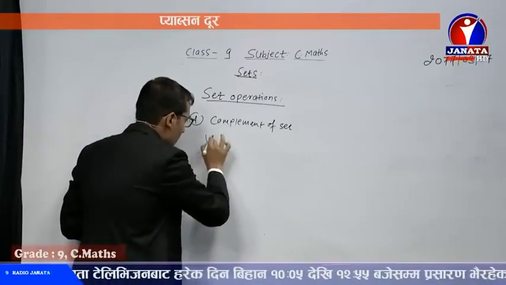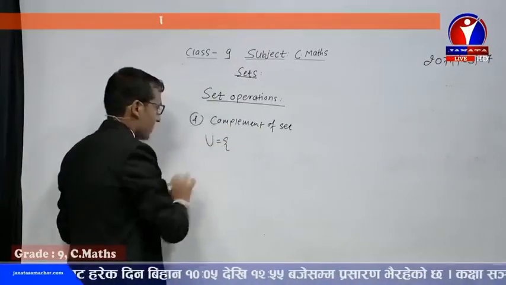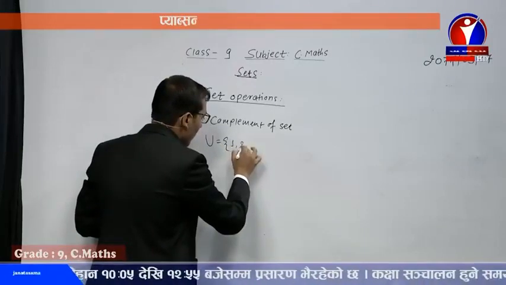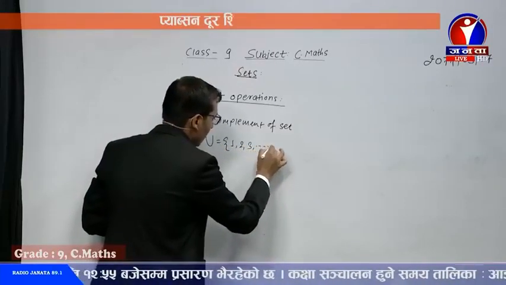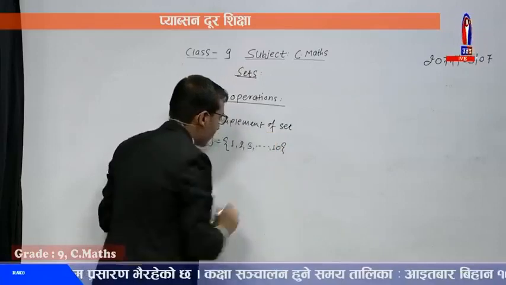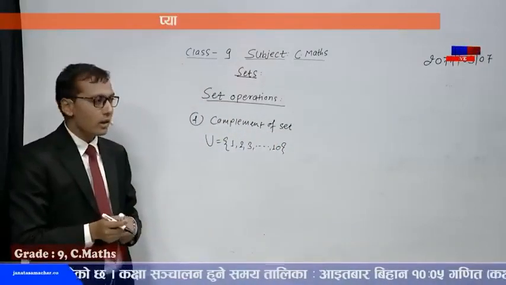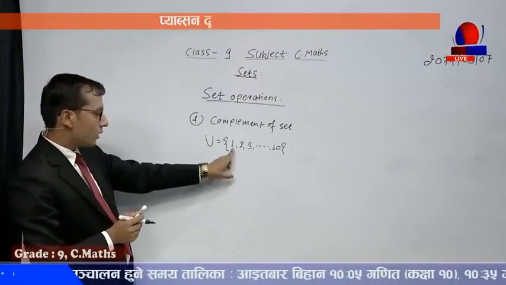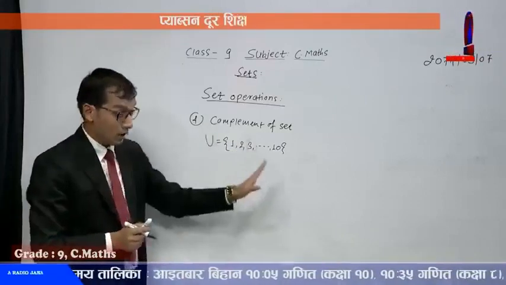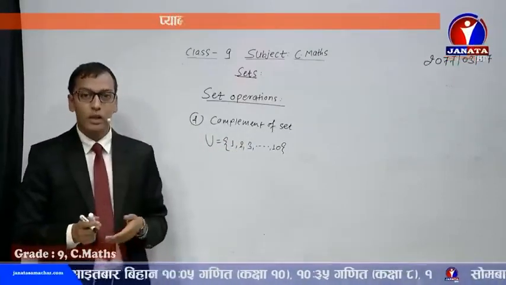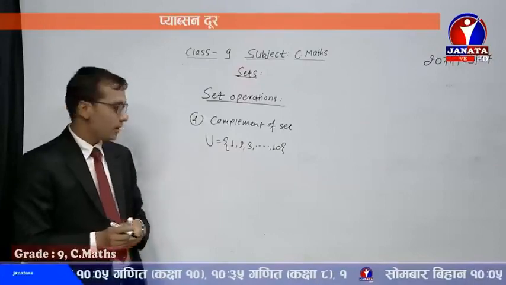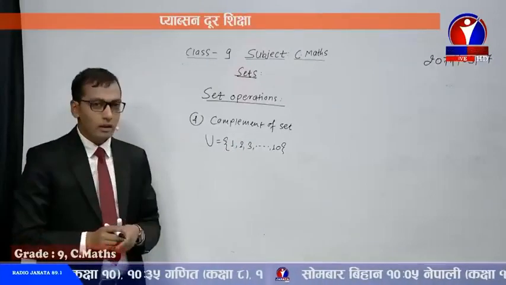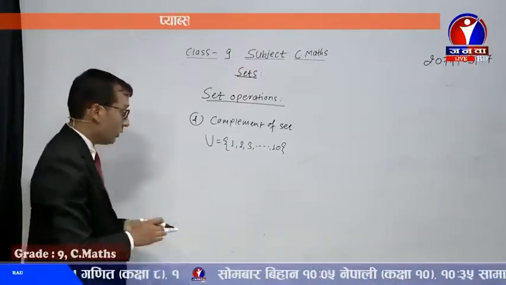If U is universal set whose elements are 1, 2, 3 up to 10. So there are 10 elements starting from 1 to 10. These are the elements of universal set U.